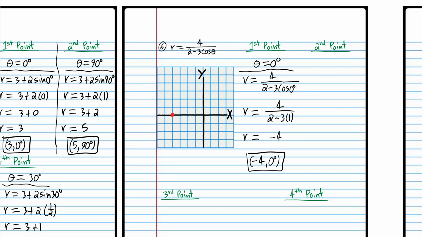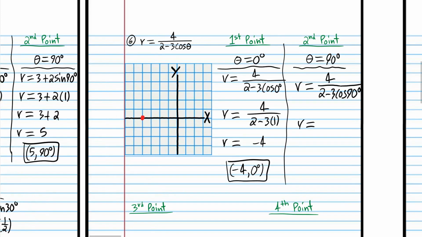Now let's try plotting 90 degrees. So r is equal to 4 over 2 minus 3 times cosine 90 degrees. Sorry that we're off the page there. Now if you look at your cosine curve, you see that cosine 90 is actually going to be 0.